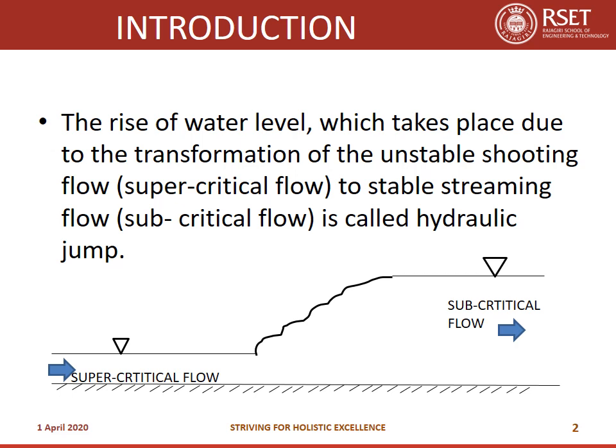In between the supercritical and subcritical flow, you can see a turbulence taking place in the form of a jump. That is the turbulence that takes place when supercritical flow transforms into subcritical flow. That particular jump is known as the hydraulic jump. So in today's lecture, we will be discussing hydraulic jump.